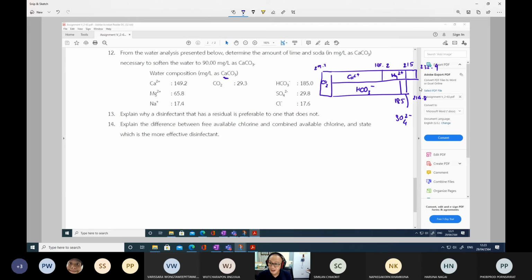And this will again be exactly the same, 232.4. This one is chloride.